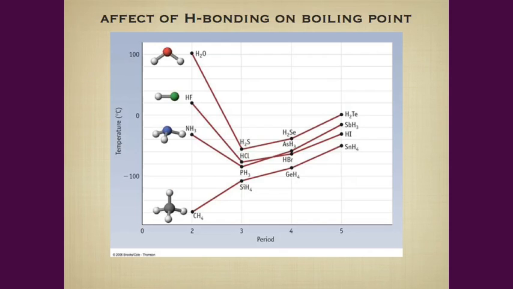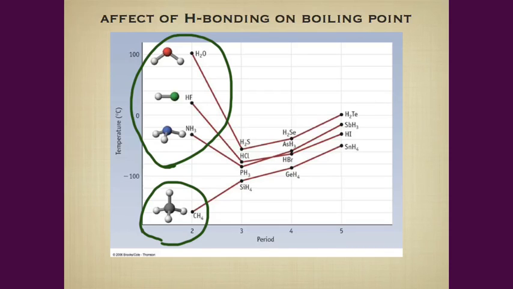All right. So hydrogen bonding can be used to explain a phenomenon that's shown here in this graph. You see that we have these three substances here which have particularly high boiling points compared to, for example, methane. And it doesn't make a whole lot of sense if you looked at that just from the standpoint of mass. The methane would weigh a little bit more than these other things here.